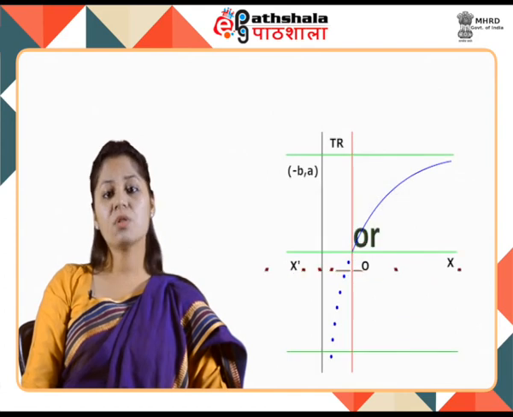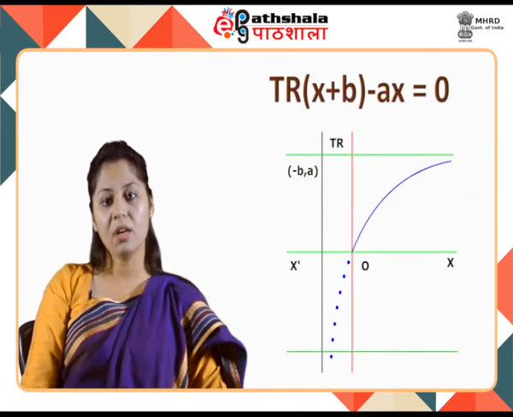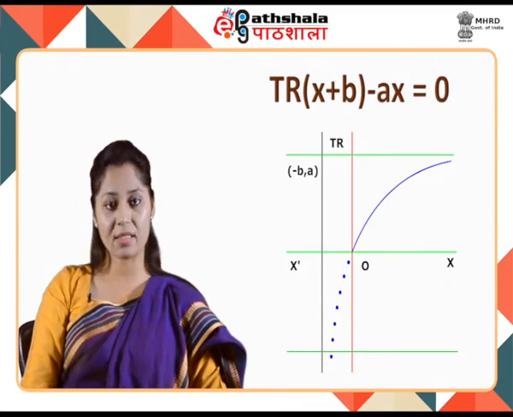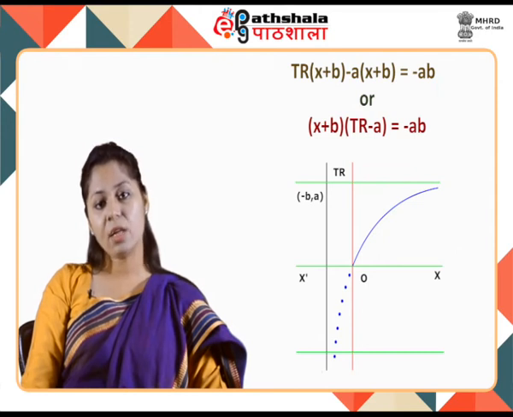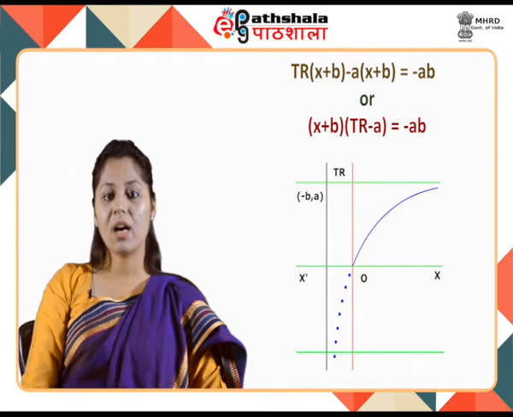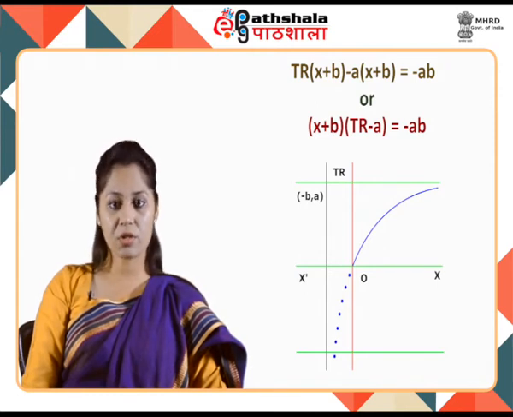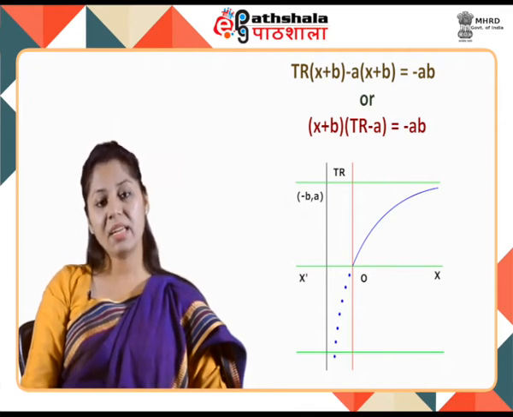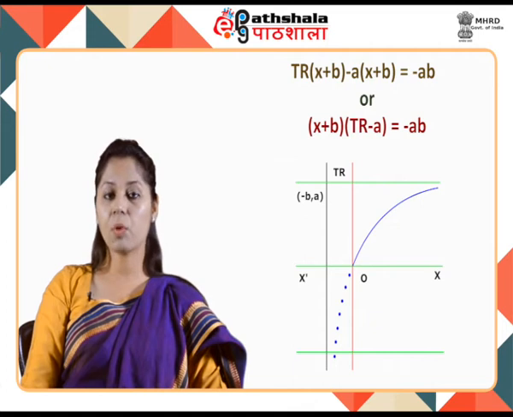This is the equation of a rectangular hyperbola with center at (minus b, 0) and asymptotes parallel to the axes. Since the right hand side of this equation is negative, the two parts of the curve lie in the second and the fourth quadrants formed by the asymptotes. The relevant total revenue curve is where TR and x both are positive, as shown in the figure.